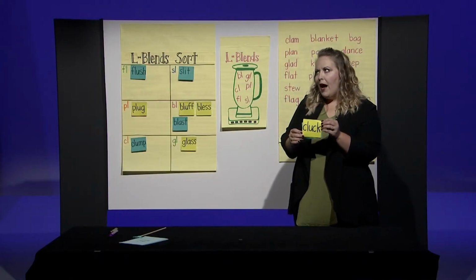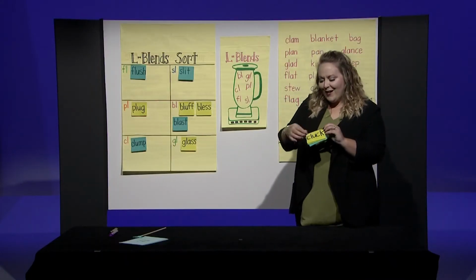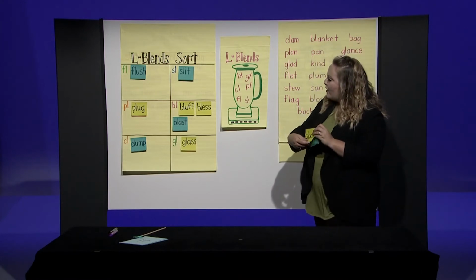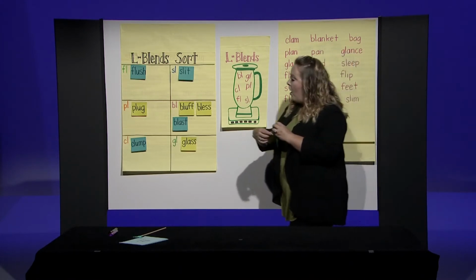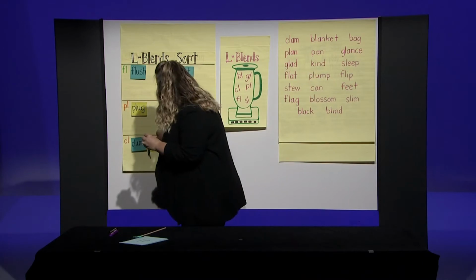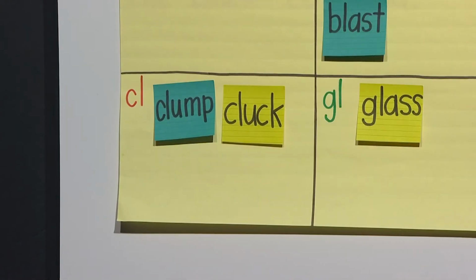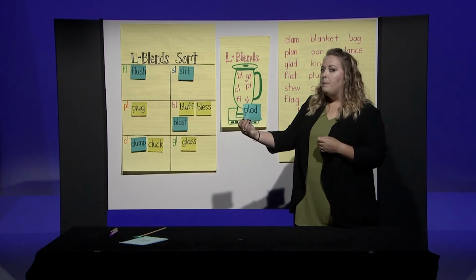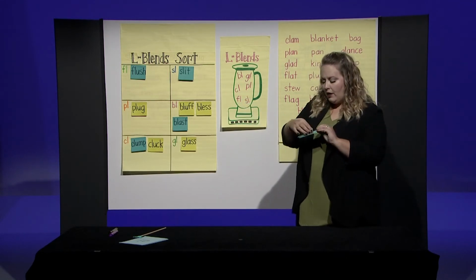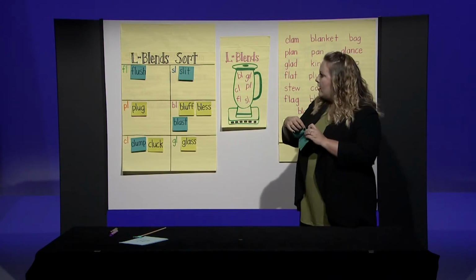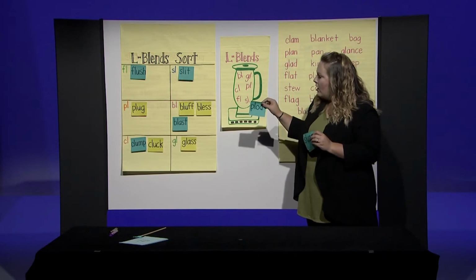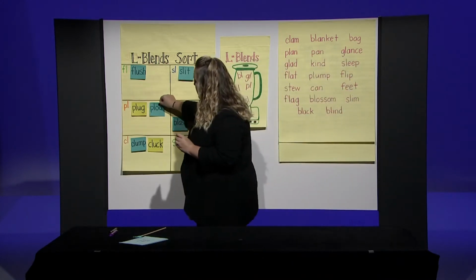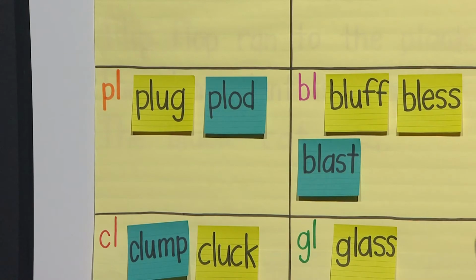I hear you. Cluck. Great job. Where does cluck need to go? Under our CL blends. What does that one say? Plod. Great job. Plod needs to go where? Under our PL blends.